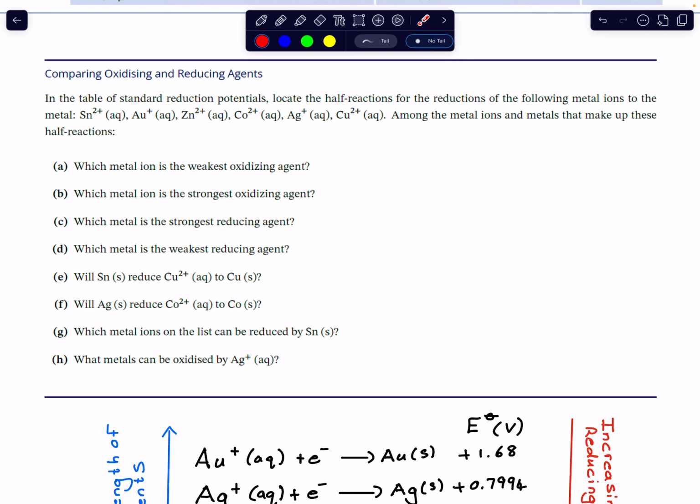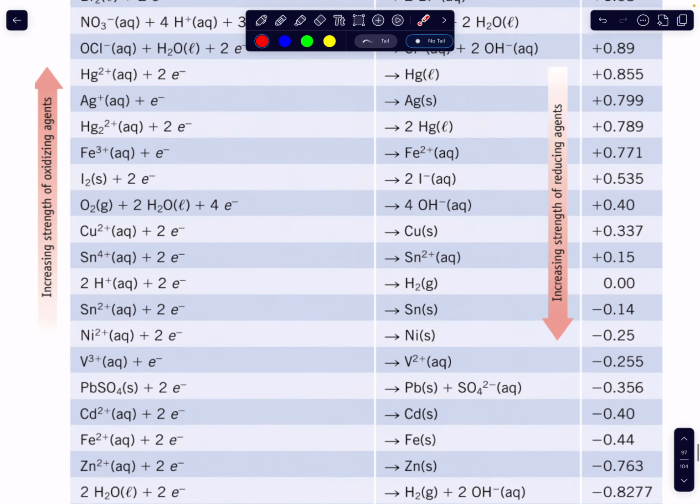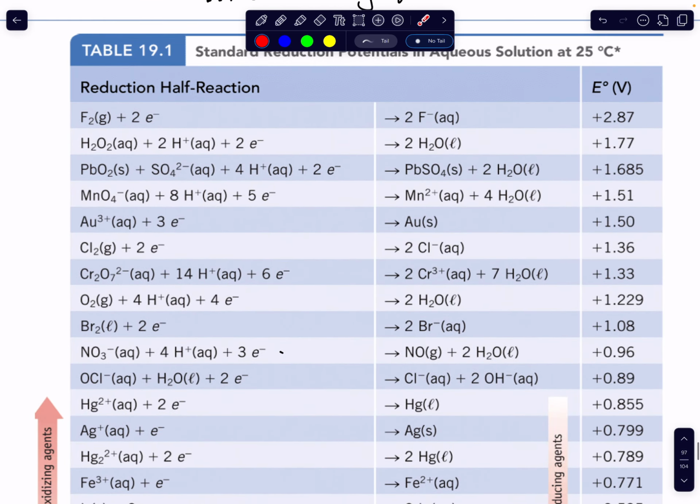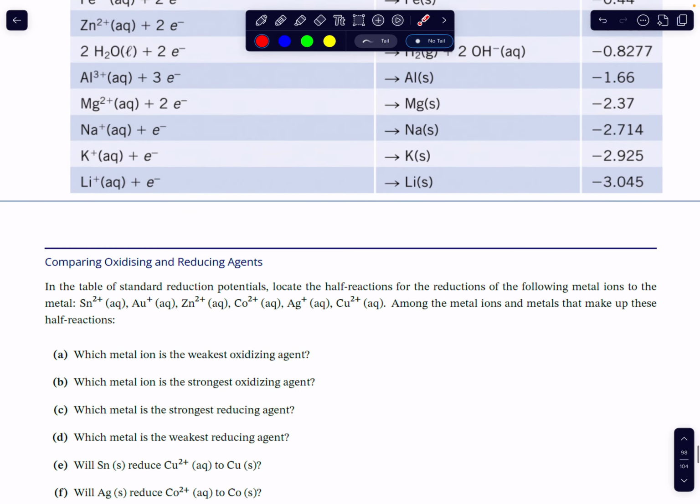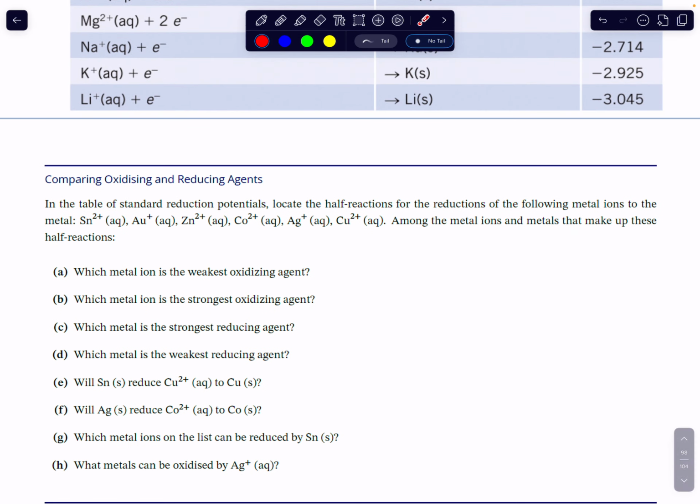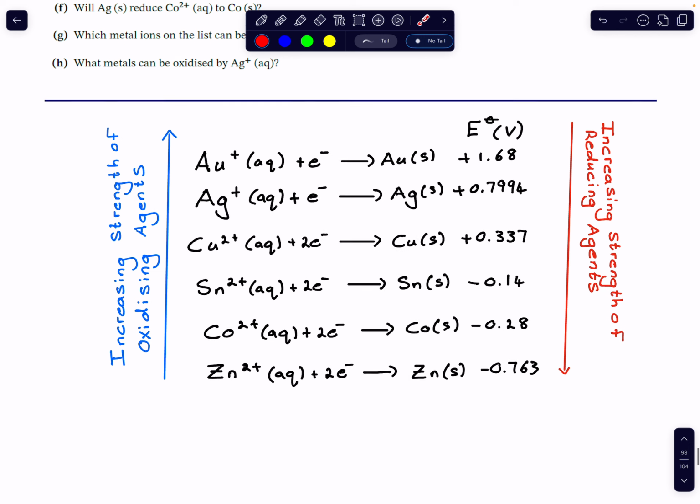All right, cool. So I went ahead and looked at the list. I went to our standard reduction potential table and got all of the half cell potentials for each of these ions, and I put them down here in order of decreasing half cell potential.